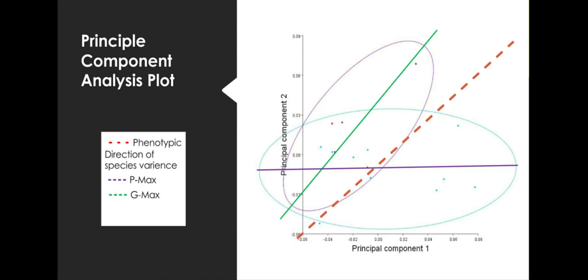The Pmax and the Gmax represent the variance within the species, how the species vary within their own families. As you can see, the variances within the species are not parallel to the variances between the species, which means that the forces that shape the patterns of covariance in the species are not the same as the forces that shape the variance between the species.